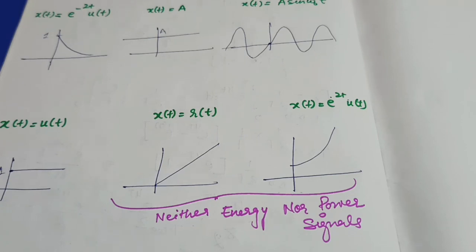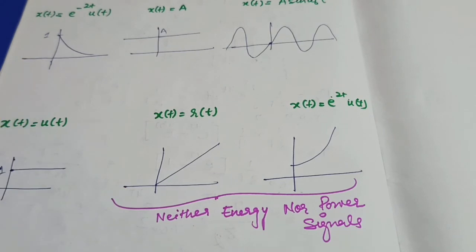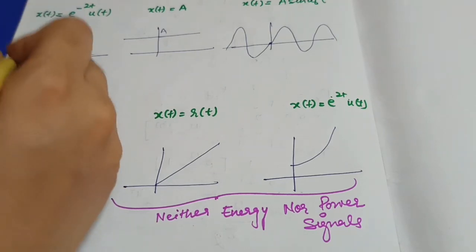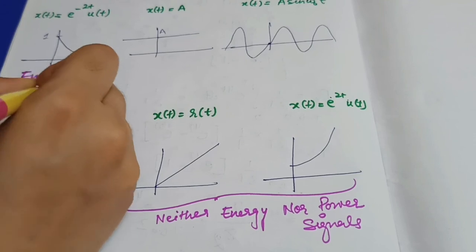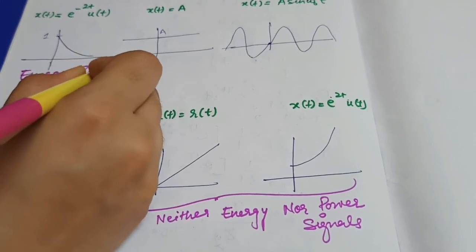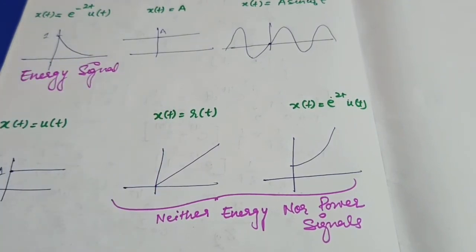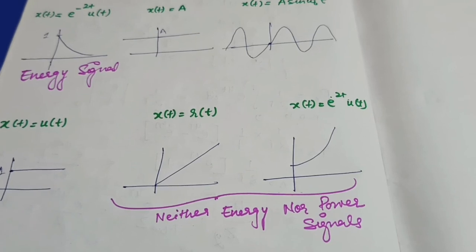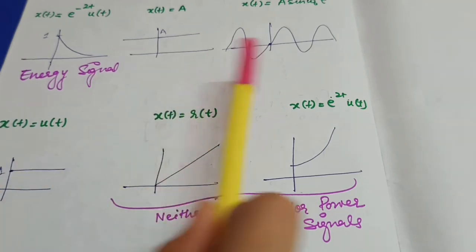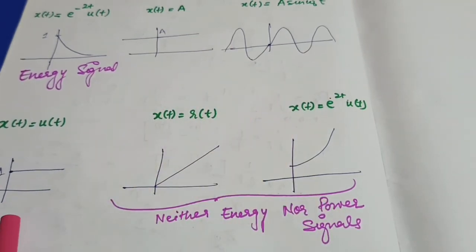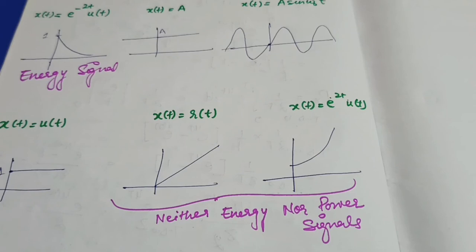So here, this decreasing exponential is absolutely integrable, right? So this is categorized as an energy signal. Now power signals.